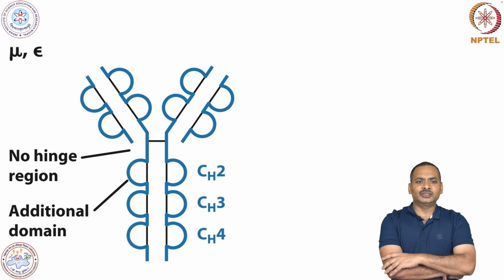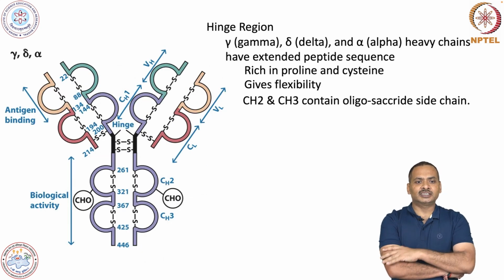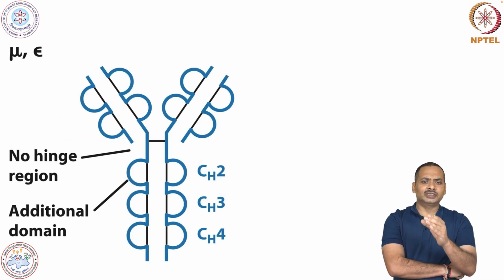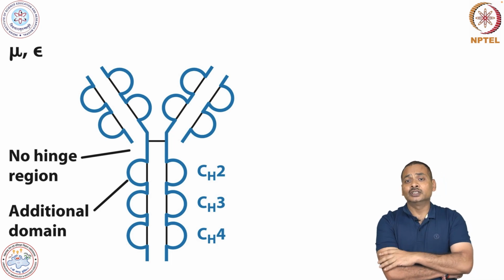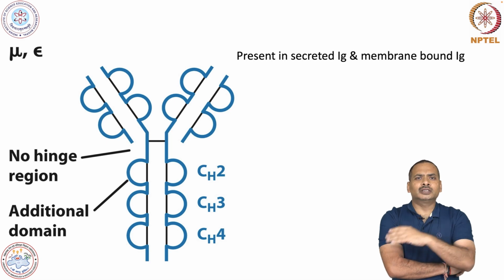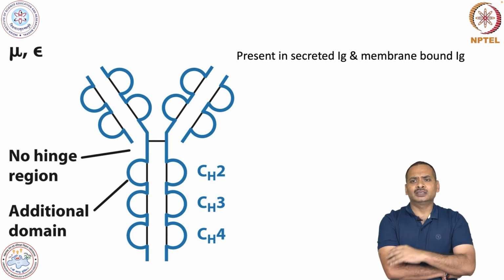In the previous case there were only CH2 and CH3, but in this case there are CH2, CH3 and CH4, and no hinge region. This kind of structure is present in both secreted and membrane bound immunoglobulin.